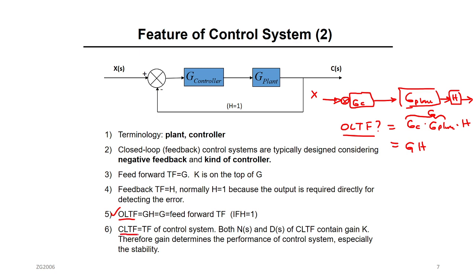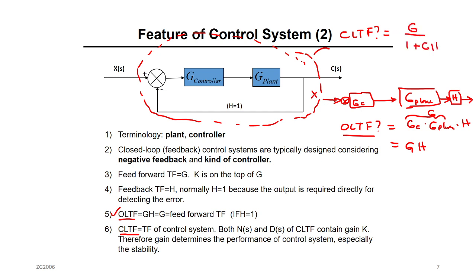CLTF. What is CLTF? CLTF is the equivalent block diagram of this closed loop block diagram. Equivalent, so it's going to be how much? It's going to be G over 1 plus GH.